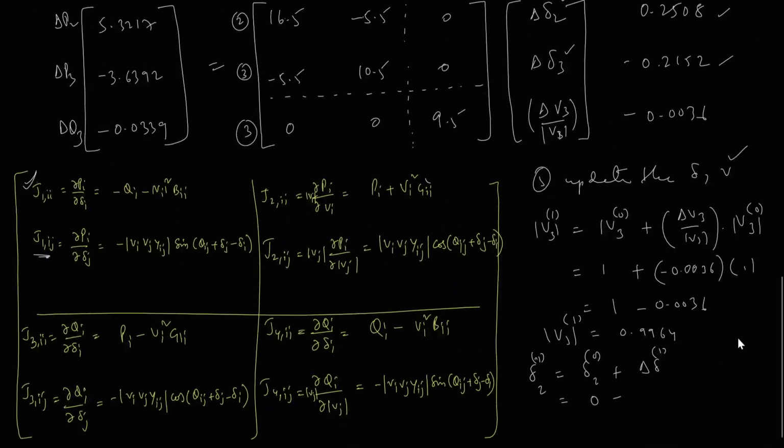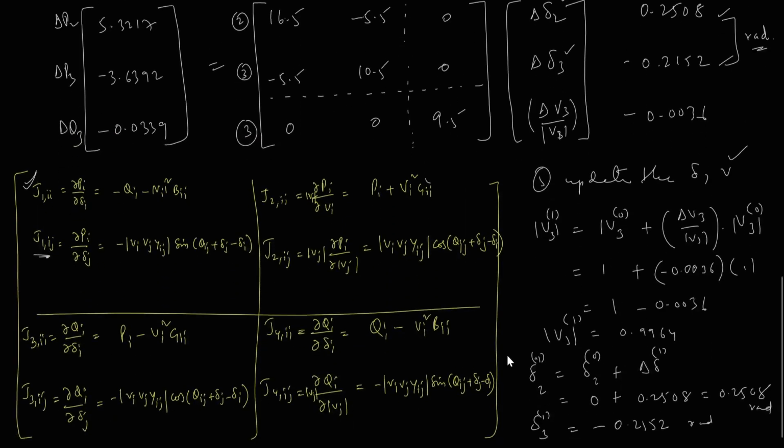So 0 plus this angle 0.2508. Mind you, these are in radians. The angles we got are in radians. So this equals 0.2508 radians, and similarly delta 3 after the first iteration is minus 0.2152 radians.